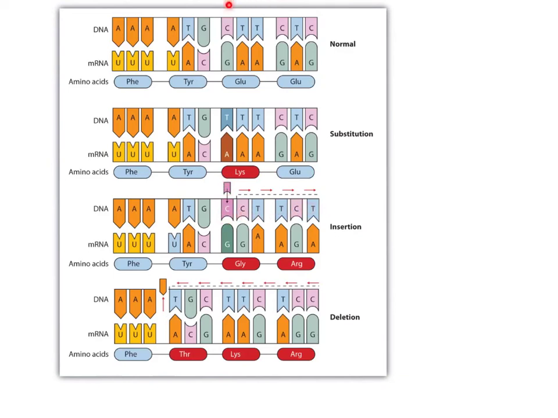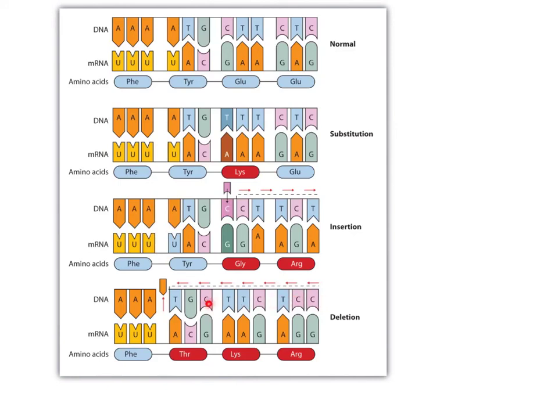So you see this CTT that I have at the top. I see CT, and then the other T has then been shifted down to another reading frame since I read every 3 bases. So you can see that after the insertion, every amino acid after that is going to be affected. Now with deletion, you can see that I had 4 A's in my original sequence, but now I only have 3 because one of them was taken out.